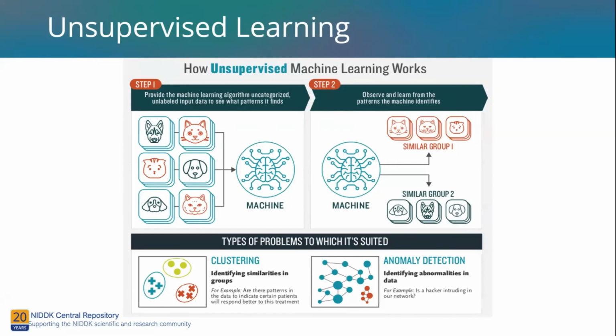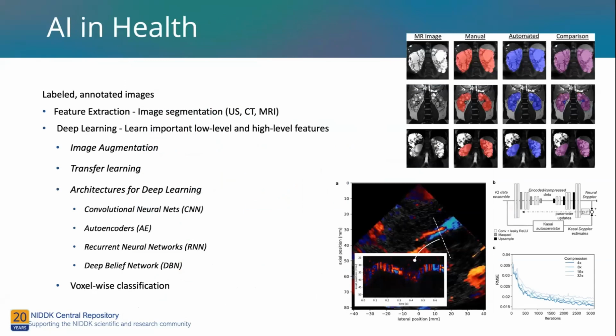So that's it for unsupervised. A couple of examples here of AI in healthcare. These are some of the more well-known ones. A lot has been done around computer vision, on things like images.